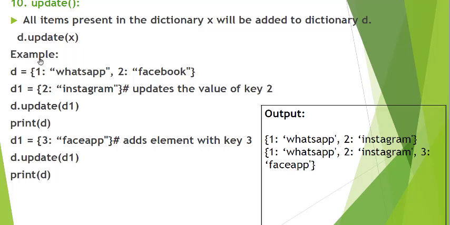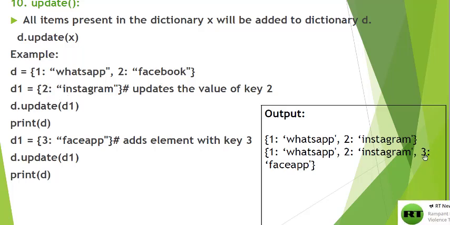Now we say d dot update d1, and you print d. Now d will have its own 1 WhatsApp, 2 Facebook, and you might expect the third element to be Instagram, but you can't have a key value 2 repeated.